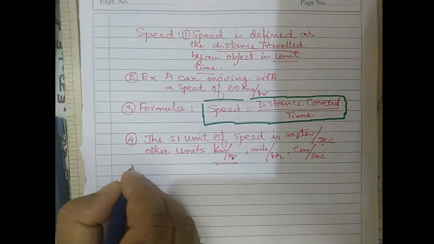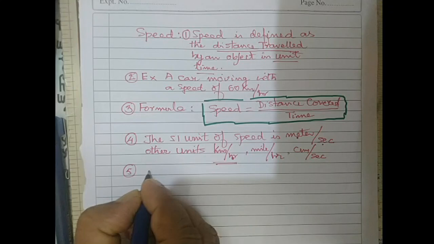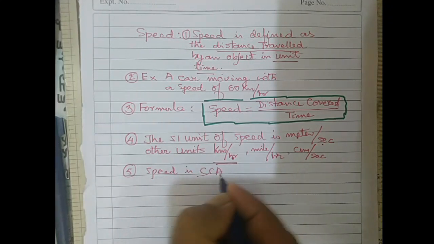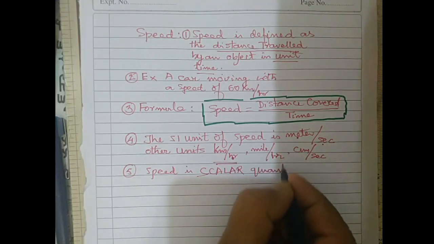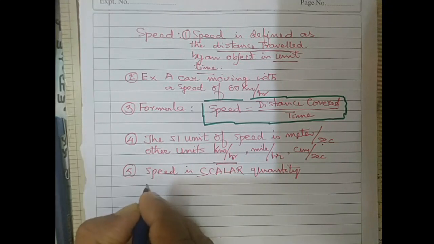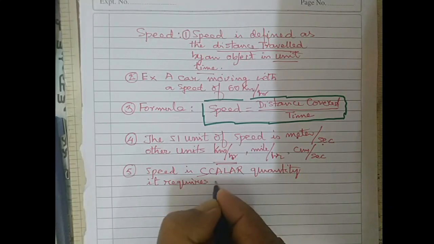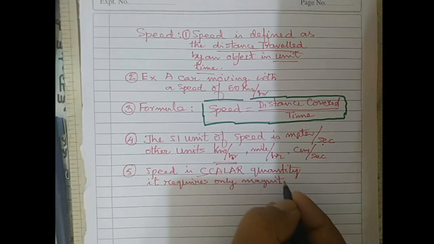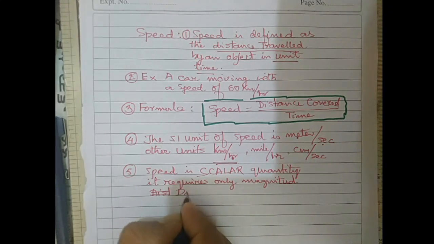Now fifth point, I'd like to tell you about speed. Speed is a scalar quantity. Why scalar quantity? You know very well, it requires only magnitude. Meaning to say, direction is not required here.